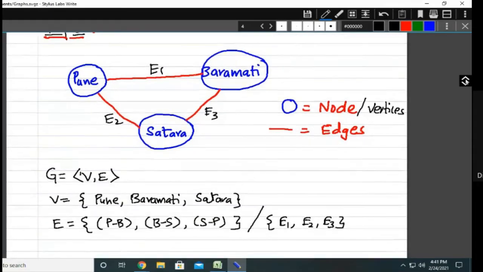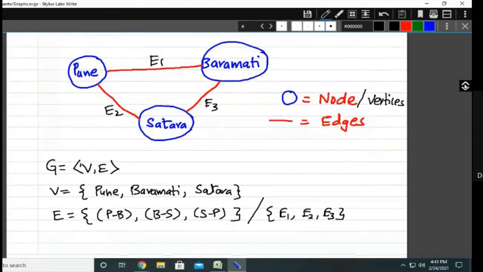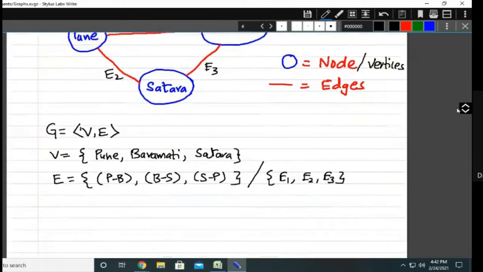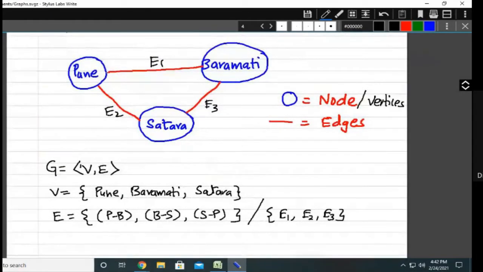When you say that a particular edge connects two nodes, these are called endpoints, and this particular edge is said to be connecting these endpoints. Good.